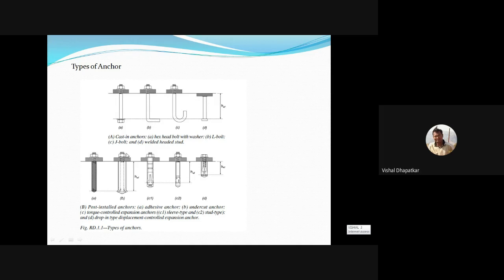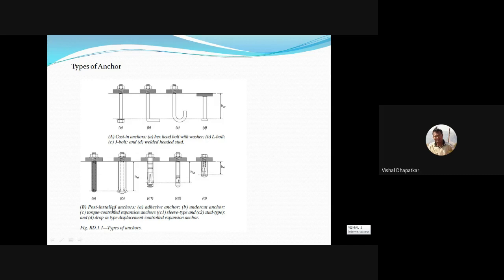Similarly, we have some other bolts. Sometimes we may have constructed something, but later on we find changes due to the equipment size, or we need to add some beams for additional support. In that case, we need to install the bolts in the cast concrete. For that, these are the post-installed anchors.